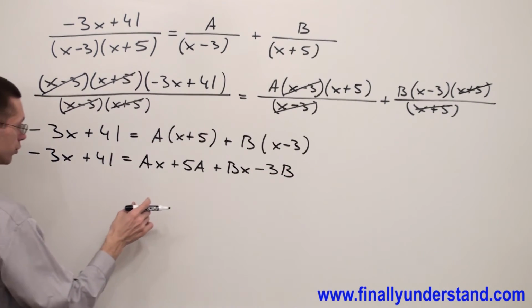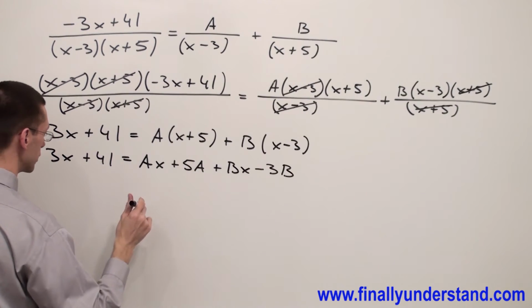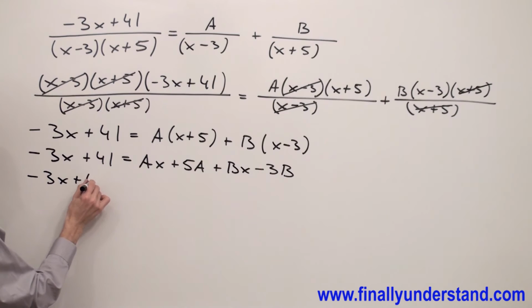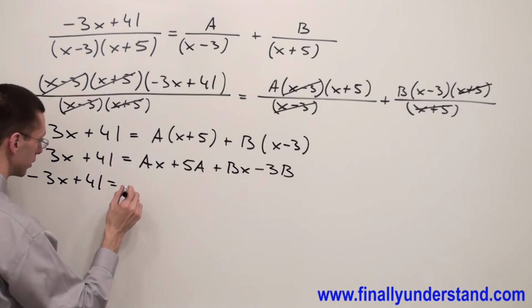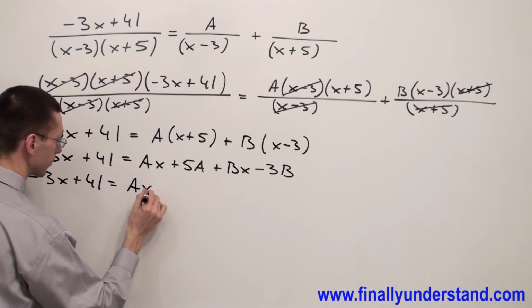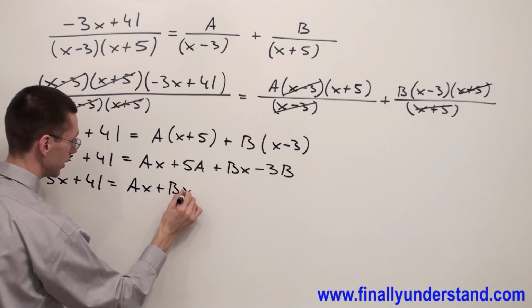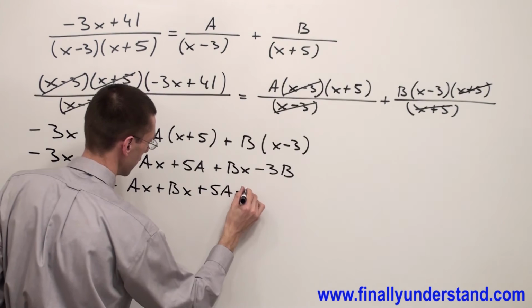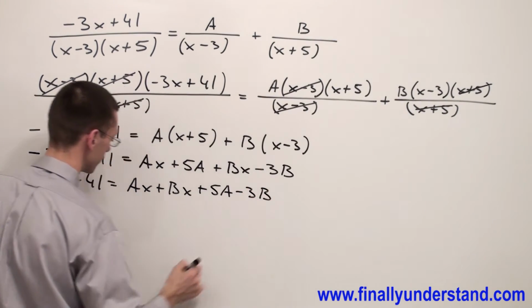Next, we are going to write the like terms next to each other on the right side. I have minus 3x plus 41 equals ax plus bx plus 5a minus 3b.